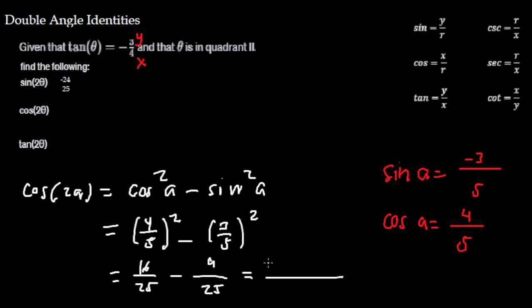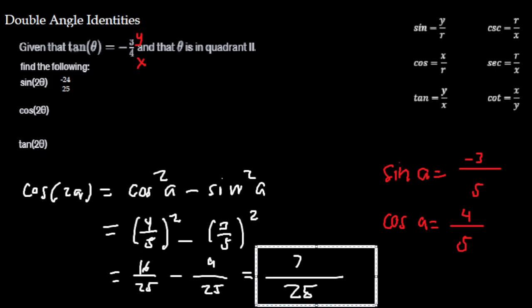Now, 16 minus 9 is equal to 7. Then, same denominator. So, just copy. So, ang ating cosine 2a is equal to 7 over 25.